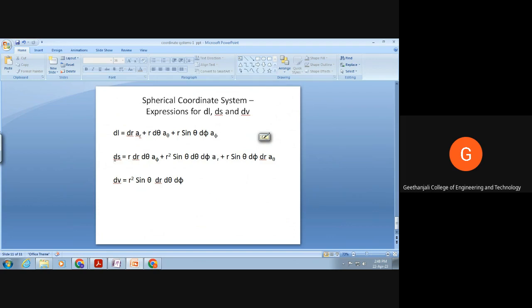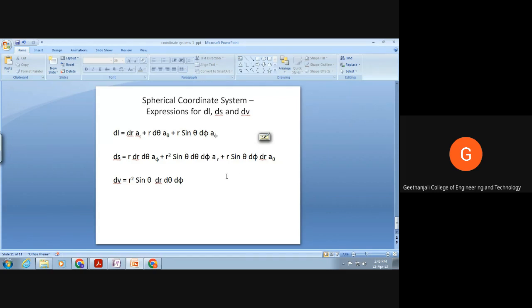Similarly, for getting area, I have to vary two at a time. Both r and theta are varied: r dr d theta a_phi. Both theta and phi are varied, keeping r constant: r square sin theta d theta d phi a_r. Both r and phi are varied, keeping theta constant: r sin theta dr d phi a_theta.